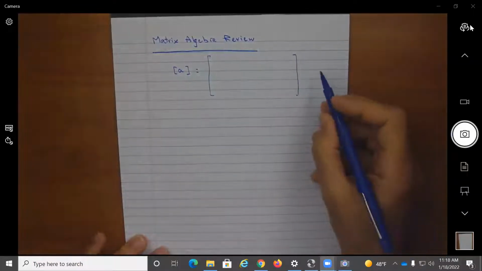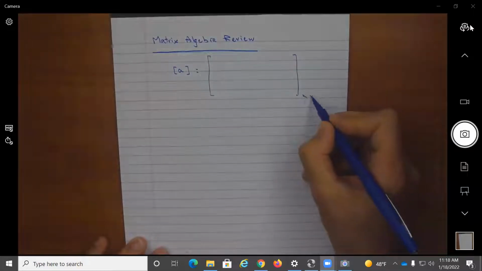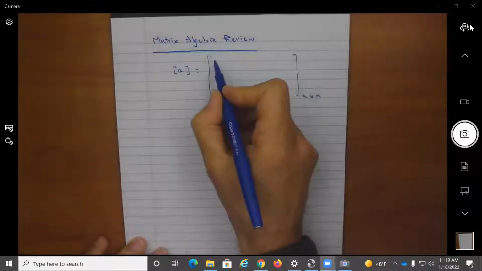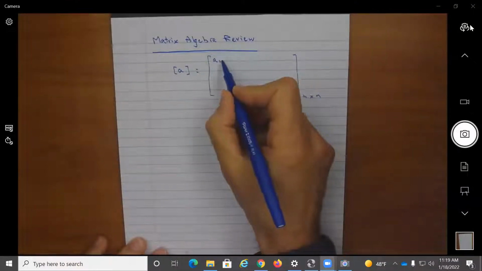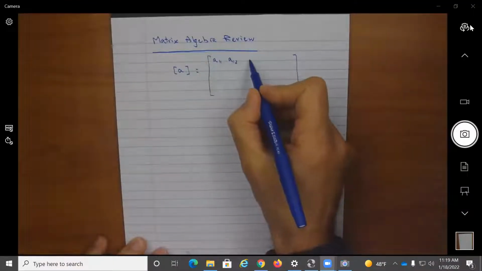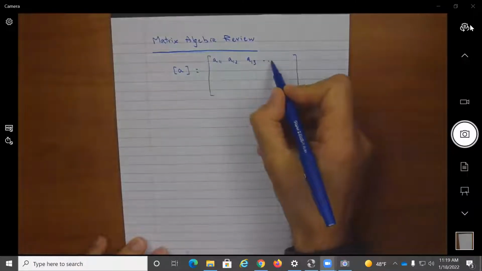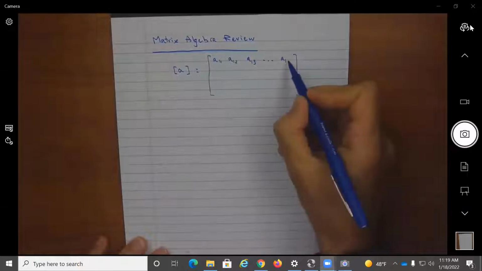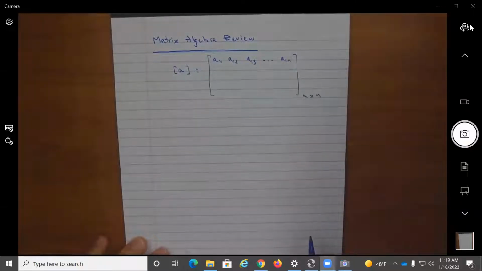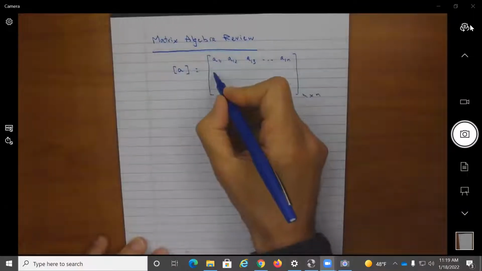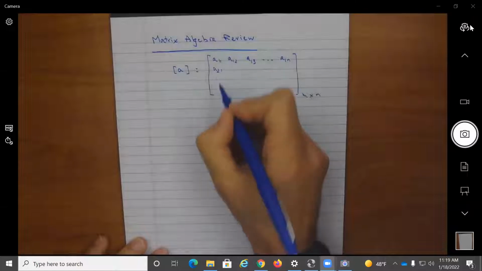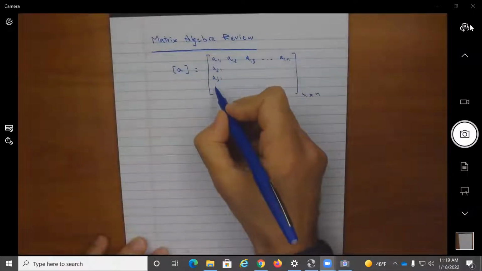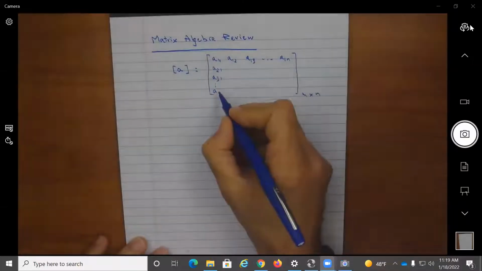Usually we call it M by N, where it's going to have entries like A11, A12, A13, and so on up to A1N, the last column, column N. Going down the rows, this would be the second row, first column, third, and so on up to AM1.